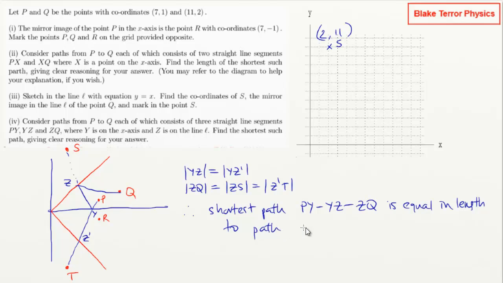Okay, and then PT, we're starting at 7 and we're going to 2, so delta x is 5, and then delta y, we're starting at 1 and we're going to minus 11, so we've got 12.